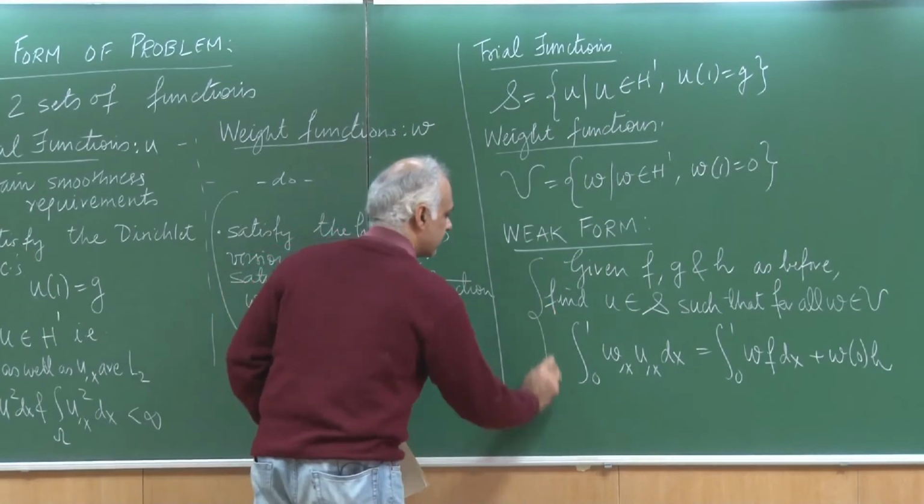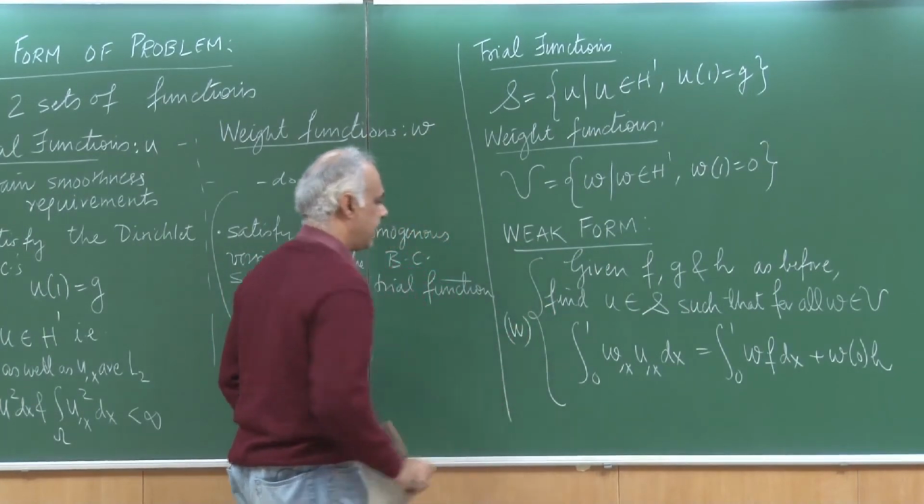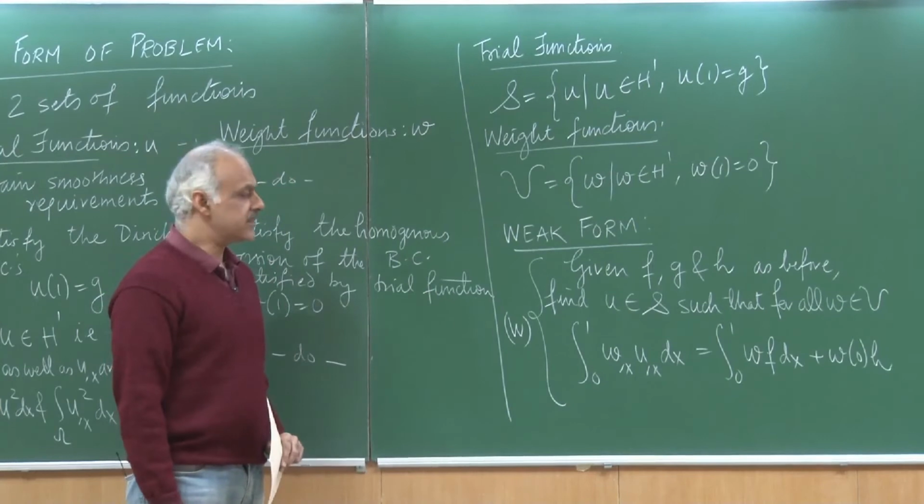I am going to denote the weak form by the letter W in parentheses.